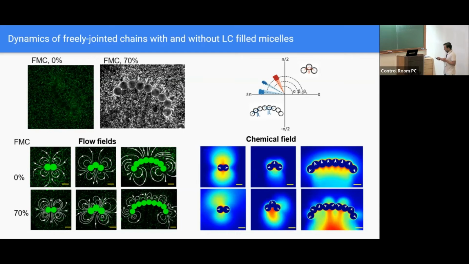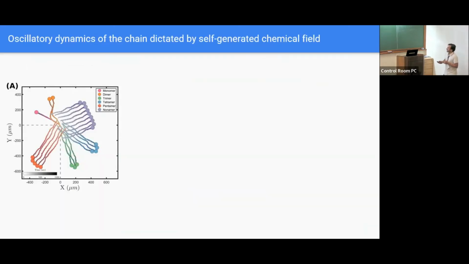Over time, in case of 0%, the symmetry of these flow fields and chemical fields is time independent, whereas at 70% it is time dependent. Because of that, we observe oscillatory dynamics with increasing fraction of filled micelles.